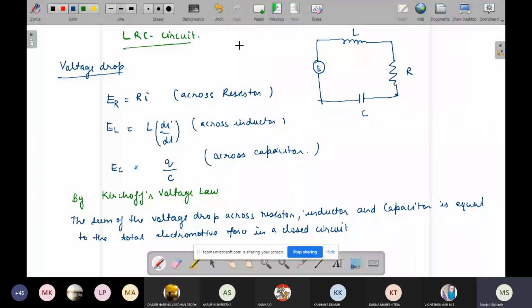Okay, so because already we have denoted E as an electromotive force, you can denote it here as electromotive force.